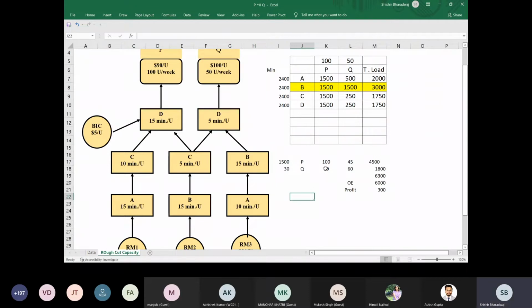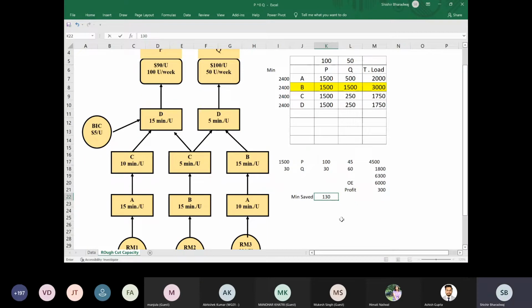Naturally 130. 100 of P is getting made, 30 of Q is getting made. Total minutes saved will be 130. Is that clear?